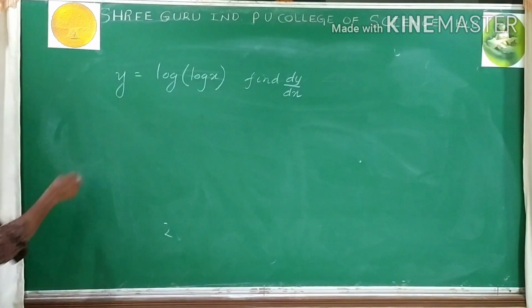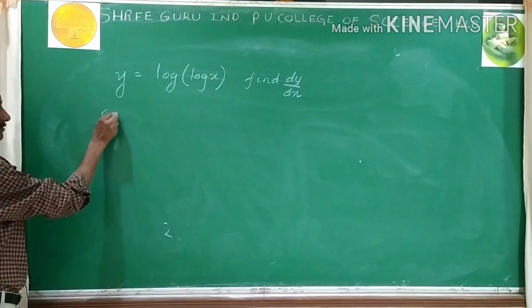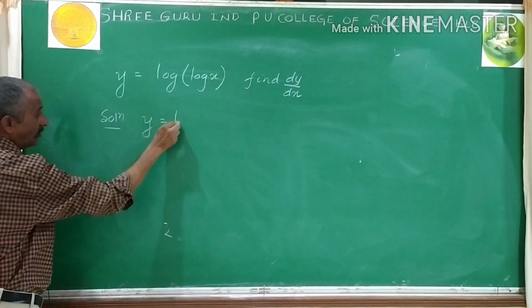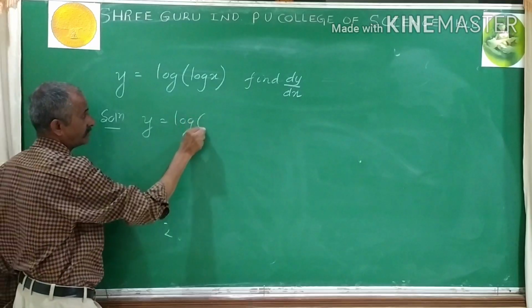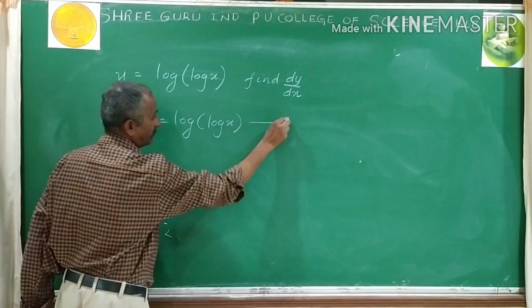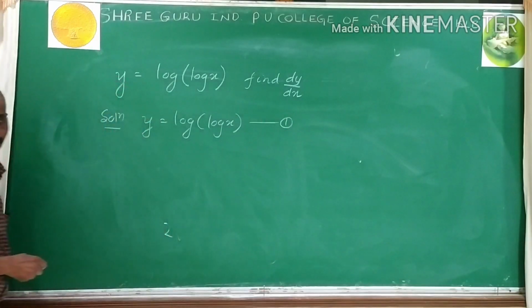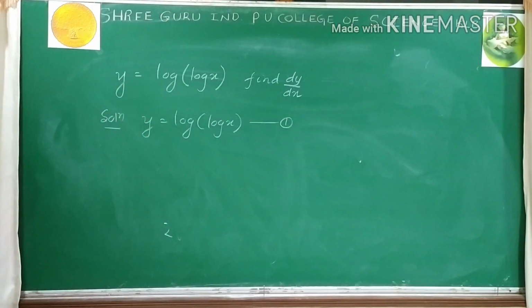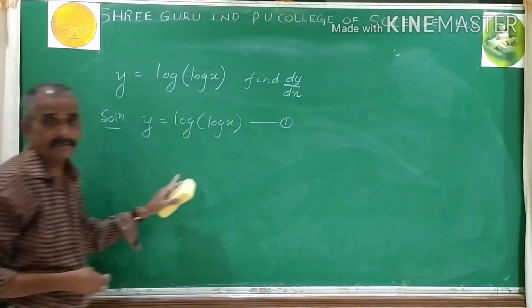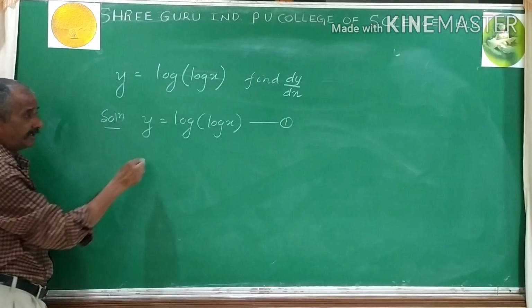Solution. Consider the given function first. What is the given function? Log of log x. If you want, you may call this 1. Next step, what we should write is differentiating 1 with respect to x.